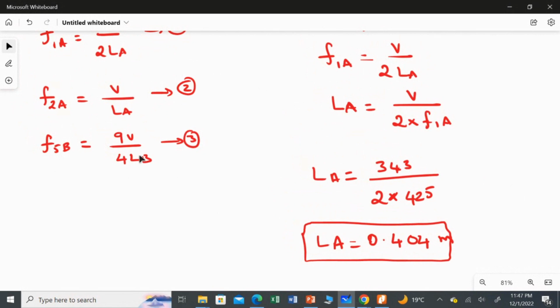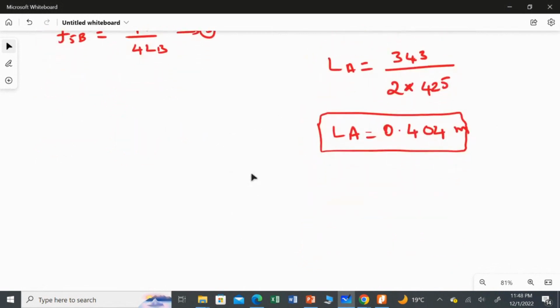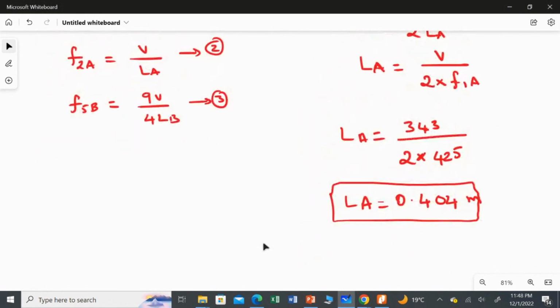For getting the answer for the pipe B length, I am going to choose these two equations because they clearly mention this frequency is equal to this frequency, right? F of 2A equal to F of 5B.